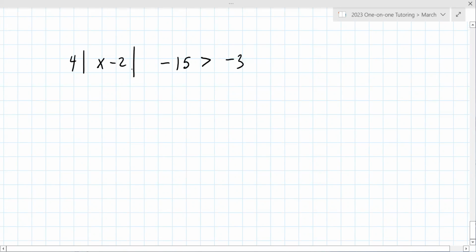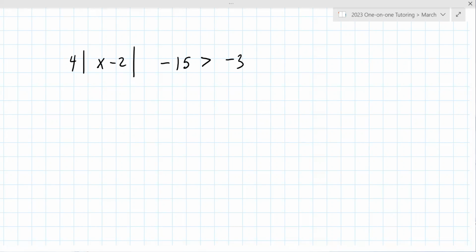Okay, so this one's got a bit more to do, but it's the same idea as the previous problems. You want to isolate this absolute value, so you have to undo stuff until you get to where it's isolated. If that's not clear, let me know. But give this a try. I do think you actually can do this problem on your own.